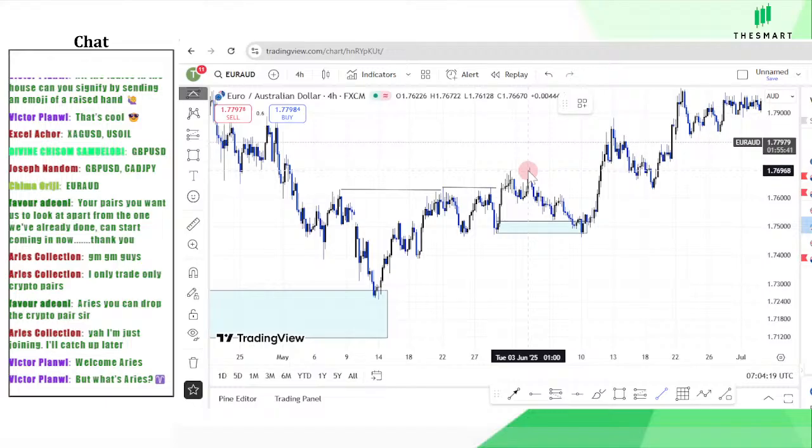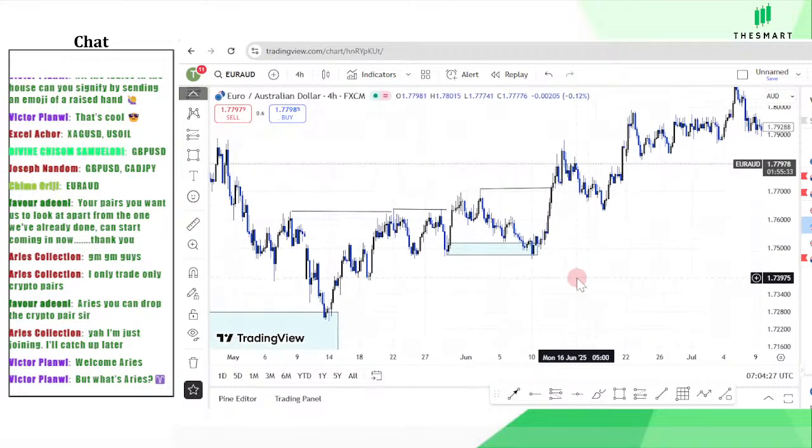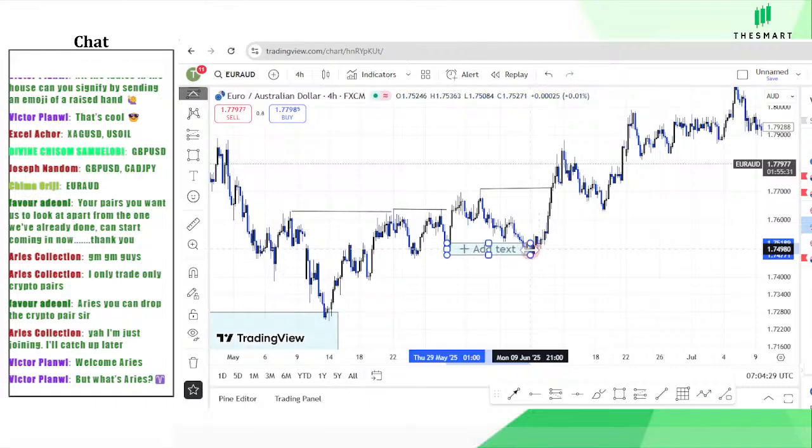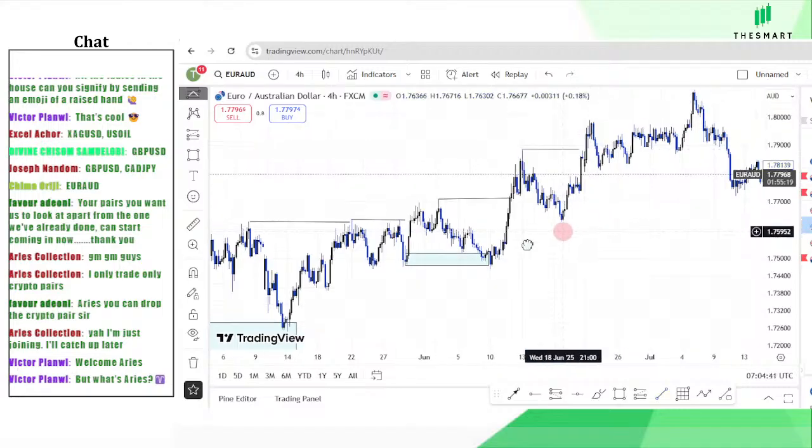We had a break of structure, and having that break of structure, price gave us a new demand at this level. But when this price gets to it, we have another break of structure to the upside.